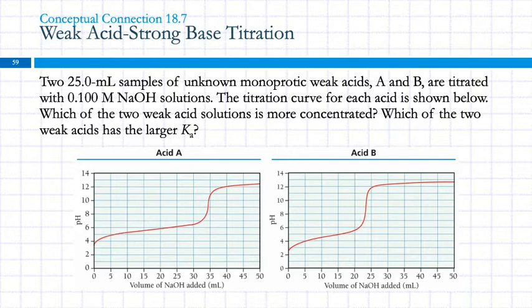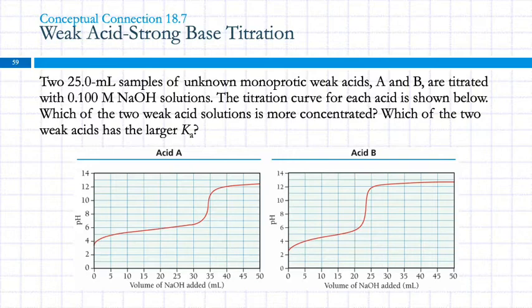Well, first question first. The more concentrated acid, is that going to take more or less sodium hydroxide to titrate? It's going to take more. Which of these, acid A or B, needed a larger volume of sodium hydroxide?